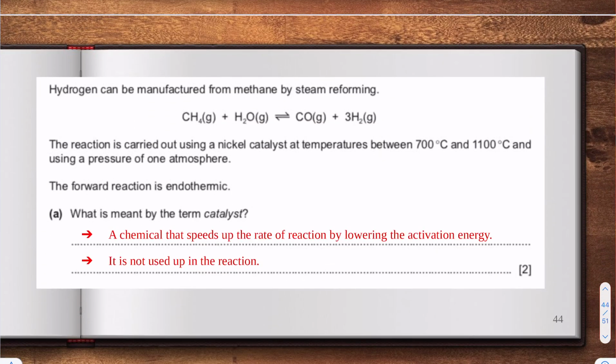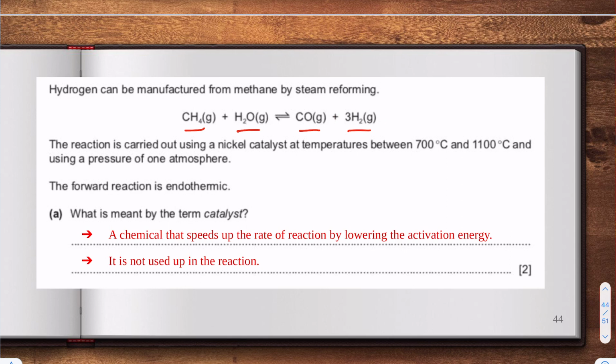Let's have a look at the very last question then. It says here, hydrogen can be manufactured from methane by steam reforming. So in other words, we've got methane here plus a bit of steam or water as a gas. It makes carbon monoxide and hydrogen gas. And that's what we're looking to make, the hydrogen gas.